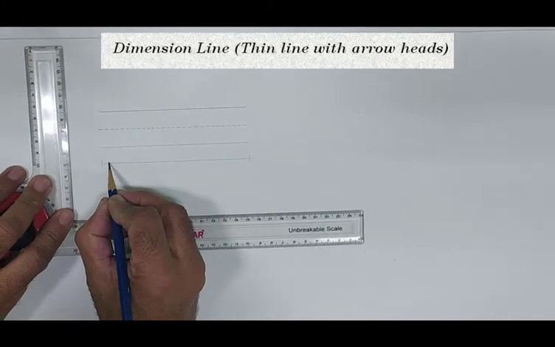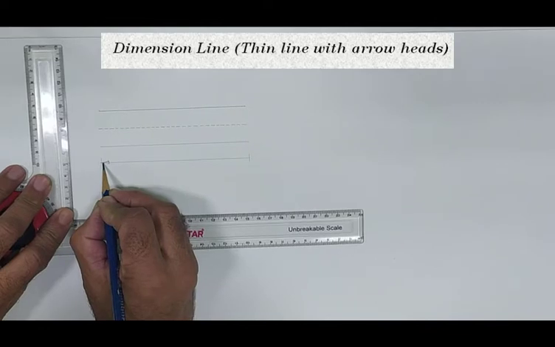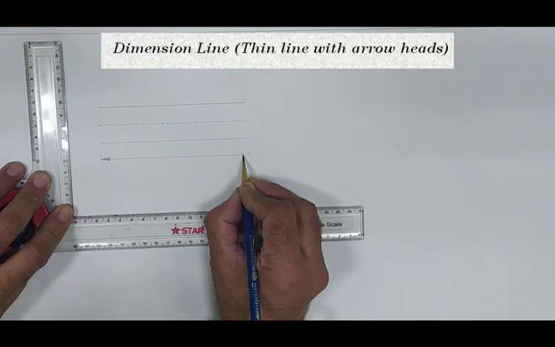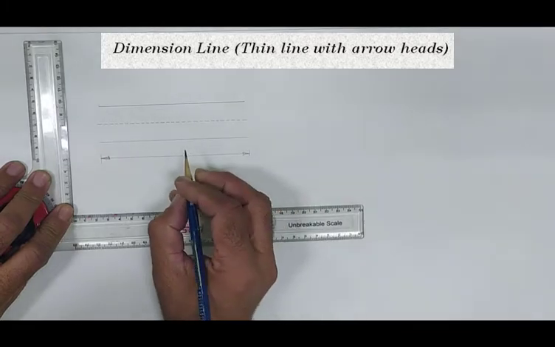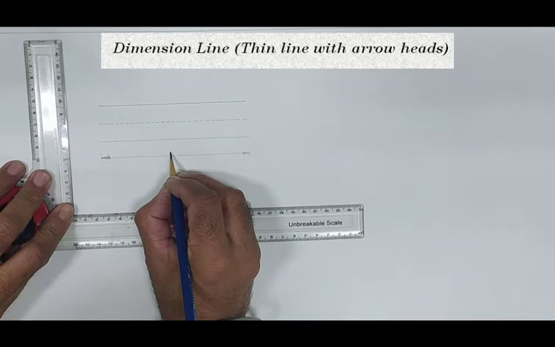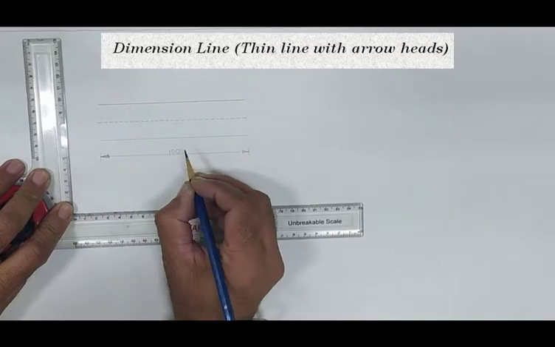This portion is 1 part and this length is 3 parts. Like this you put the arrows at the ends. And you write down the dimension over here, whatever the dimension is. For example, this length is 100. So this indicates the dimension line.